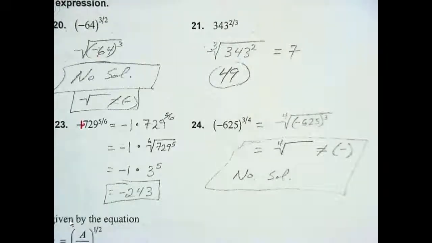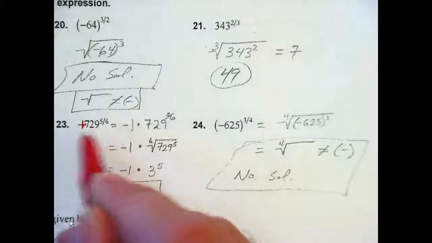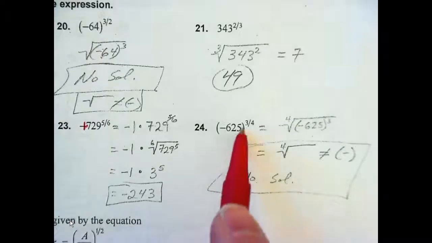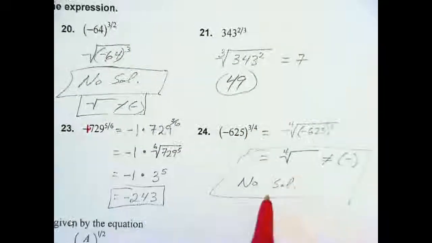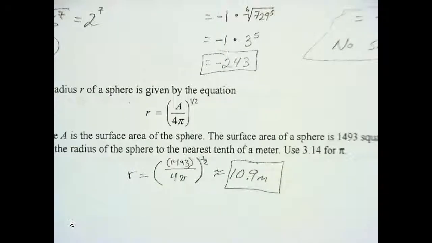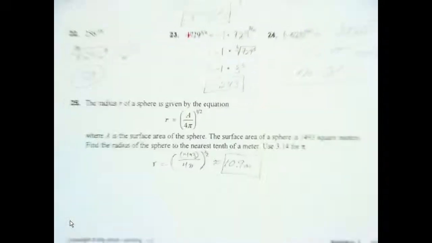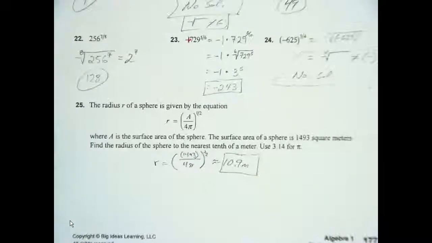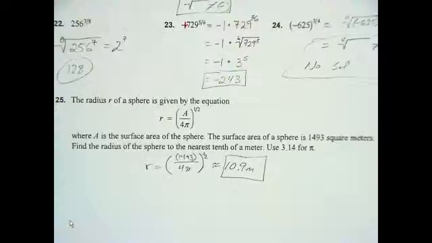You'd have to have parentheses around that 729 for the negative to be included. Once again, number 24, you cannot take an even root of a negative, therefore it's no solution. If you did the challenge problem, there it is. Just plugging in 14 or 1,493 for A and solving.